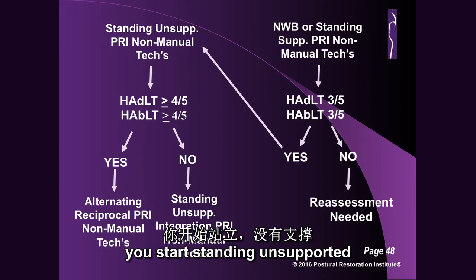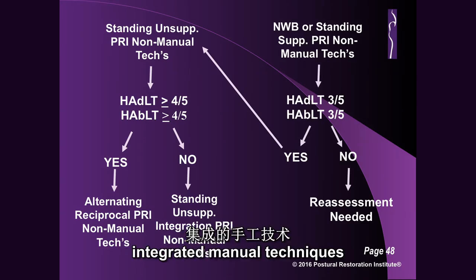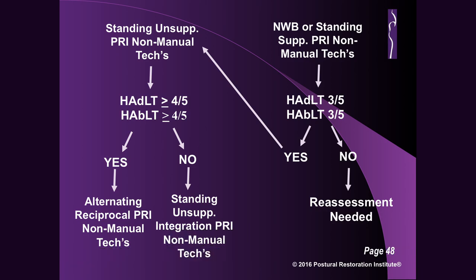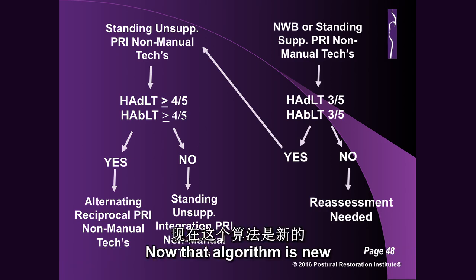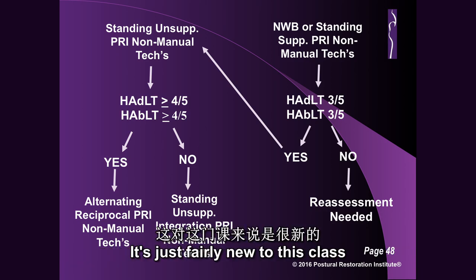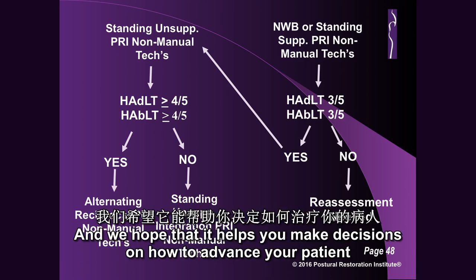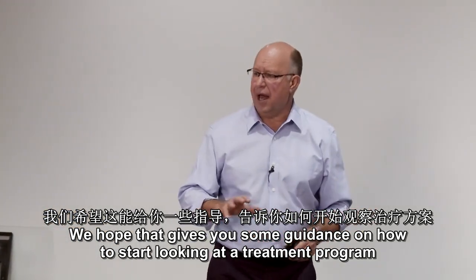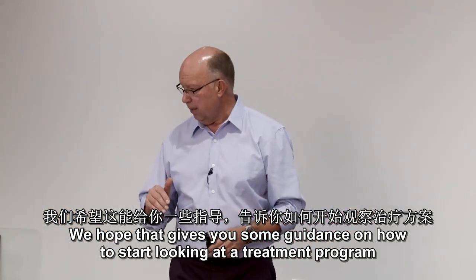If they don't, you start standing unsupported, integrated, non-manual techniques, and you go back to getting them to appreciate left versus right. Now, that algorithm is new. It's just fairly new to this class. And we hope that it helps you make decisions on how to advance your patient. We hope that it gives you some guidance on how to start looking at a treatment program.